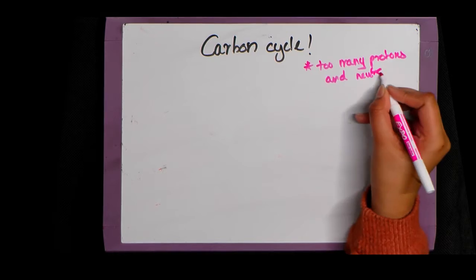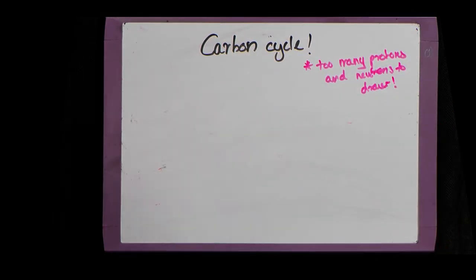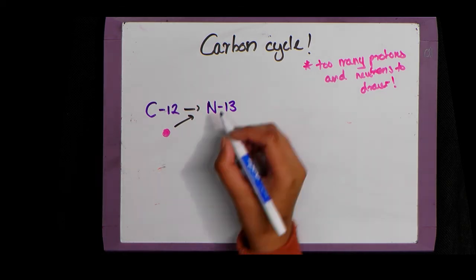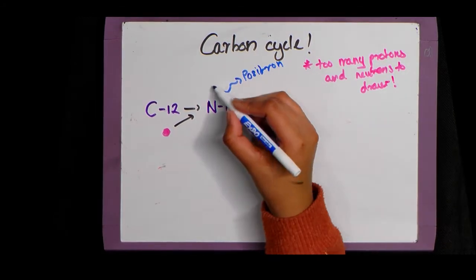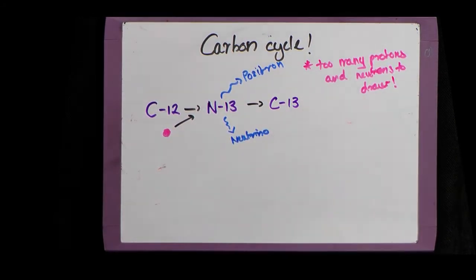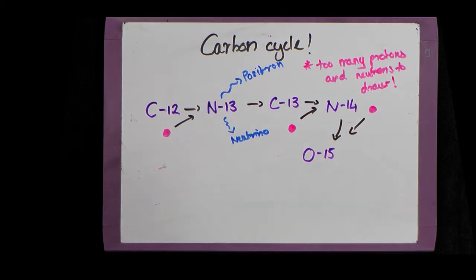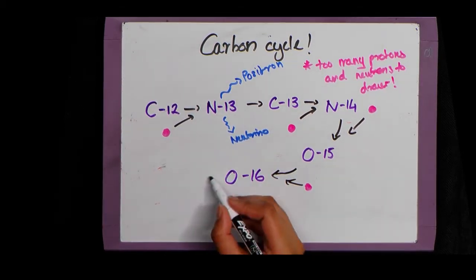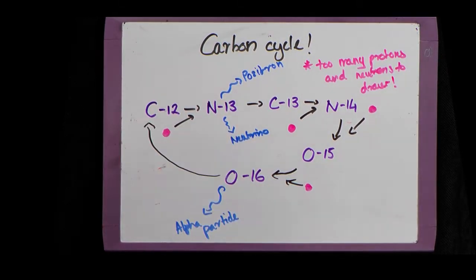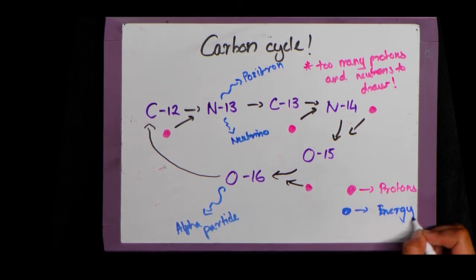This also decays a proton, which emits a positron and a neutrino to form carbon-13. Carbon-13 captures a proton to create nitrogen-14. Nitrogen-14 then captures another proton to become oxygen-15. Oxygen-15 and a proton fuse together to result in oxygen-16. Oxygen-16 emits an alpha particle to become carbon-12. This process goes in a cycle.